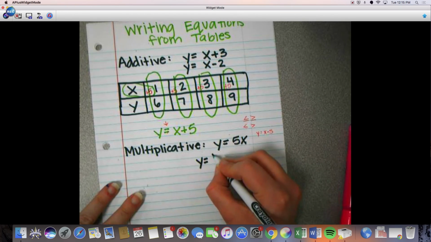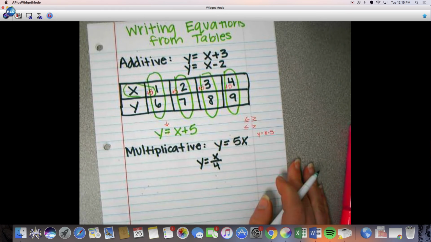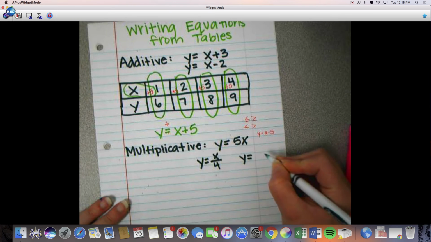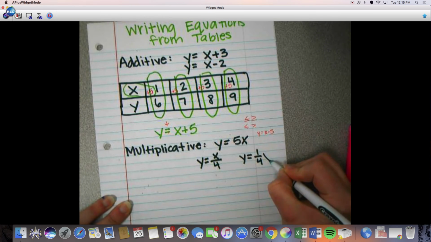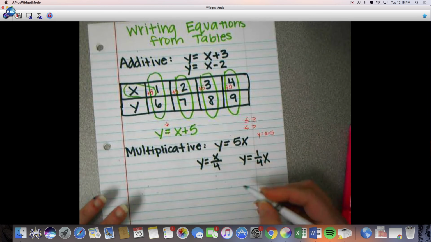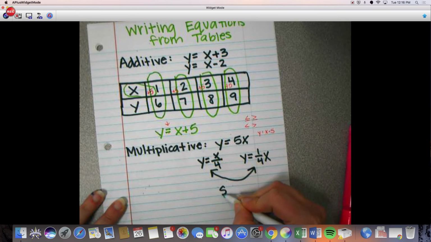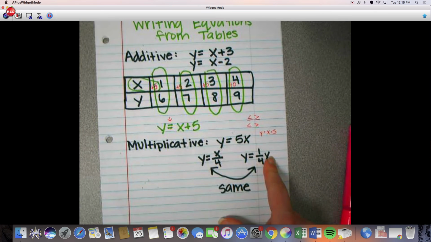You could say x divided by 4, or you could say y equals 1/4 x, like a squishy. If you don't know this, these are the same thing. X divided by 4 is the same thing as multiplying x times 1/4.